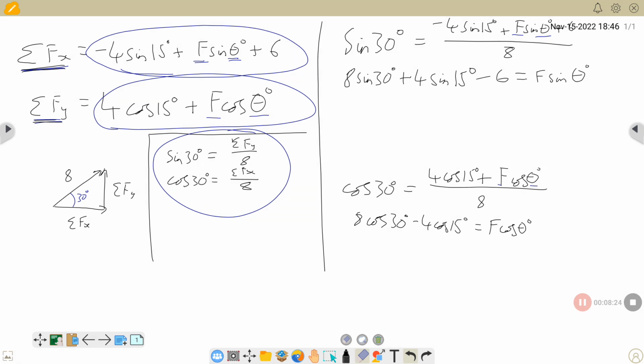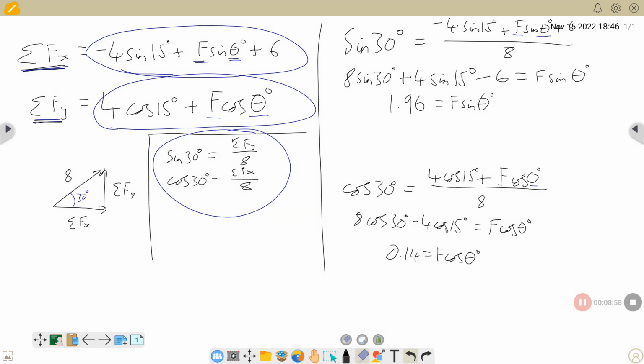That should be minus 6. So we can bung this in our calculator, we'd get something like 1.96. Doesn't have to be super accurate, equals f sine theta. And in the case of our second equation, when we bung the left-hand side into our calculator, we get 0.14. 0.14 is equal to f cos of theta.